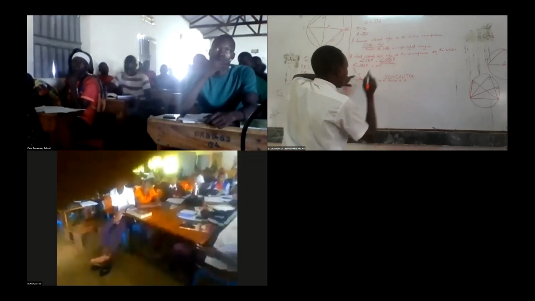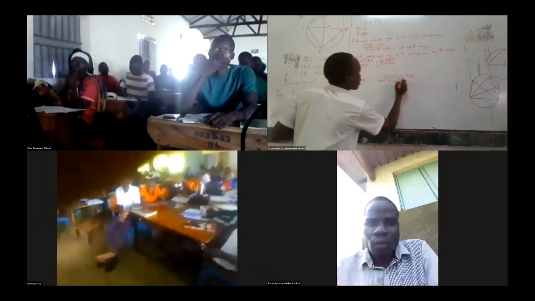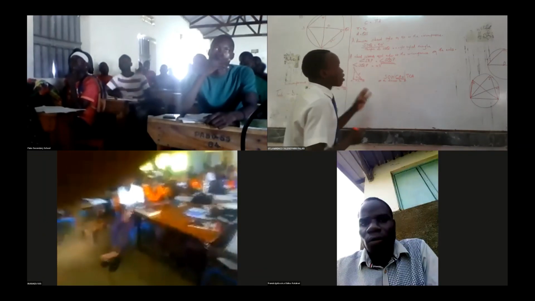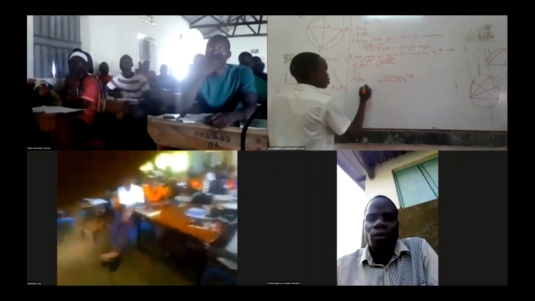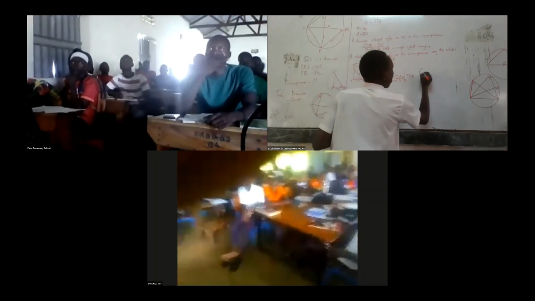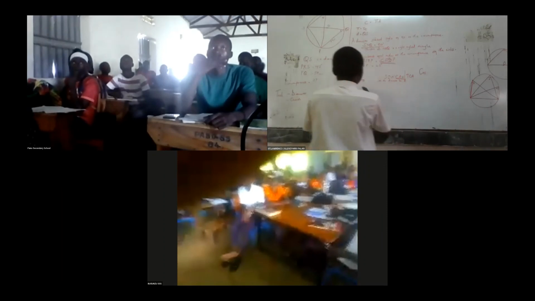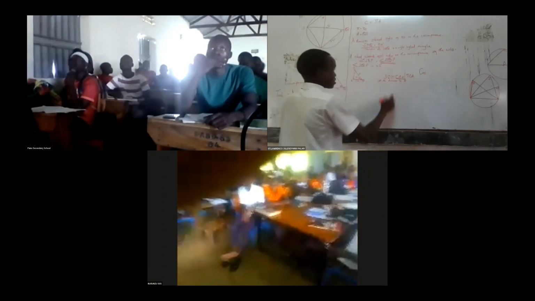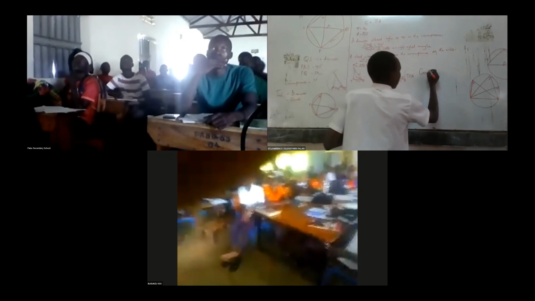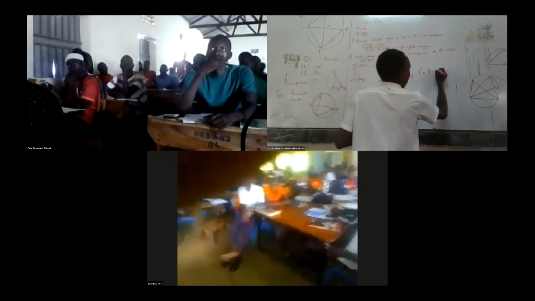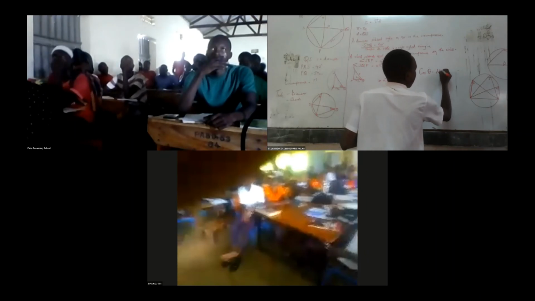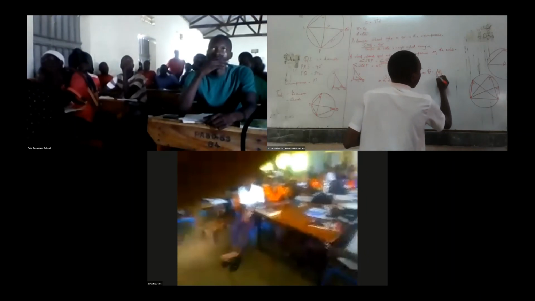The hypotenuse. Therefore, we are going to use this one, because we have the angle, we have the adjacent, and we are looking for the hypotenuse. So it is cos. You go to the step below and say cos theta is equal to adjacent out of hypotenuse.